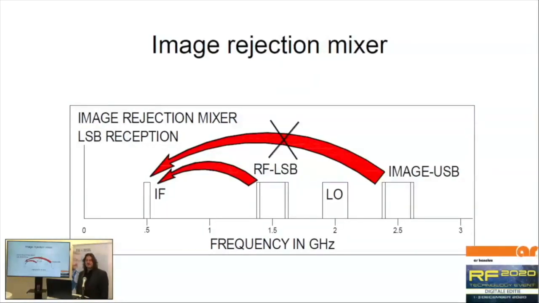Or if you choose differently, you can use it to only get your lower sideband. So if you don't want to mix that down, or you don't want to filter that out at a later stage, or if it's impossible, you can use an image rejection mixer that will cancel out or at least suppress that second image to a certain amount of power.